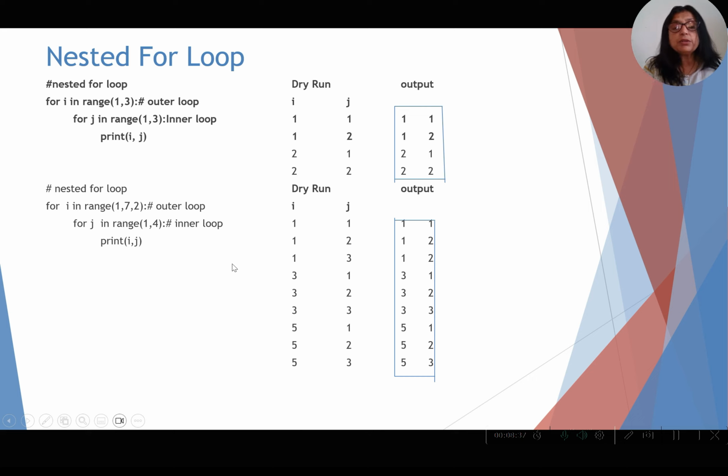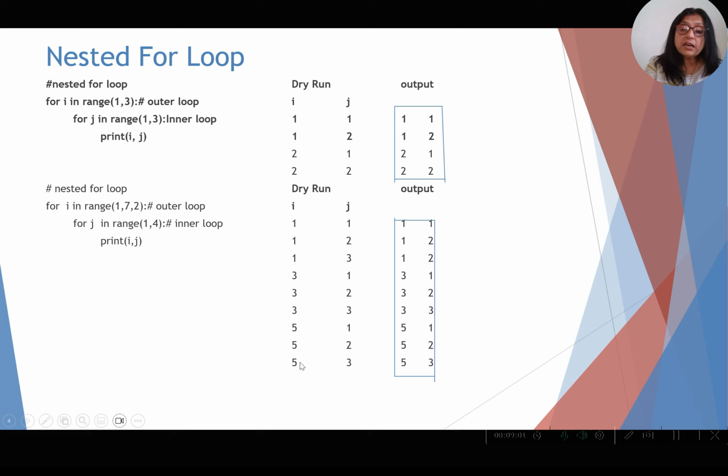When it is the second pass of the outer loop, what will be the I value? Since step is 2, I value becomes 3. So 3 will be printed thrice, and the inner loop j value will be 1, 2, 3. Then in the third iteration, what is your I value? 3 plus 2, it is 5.